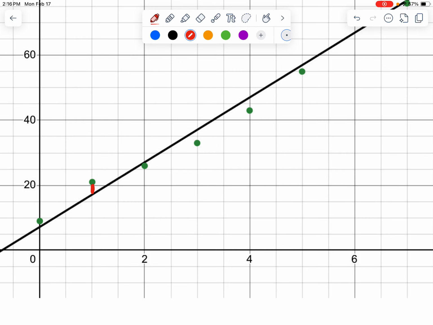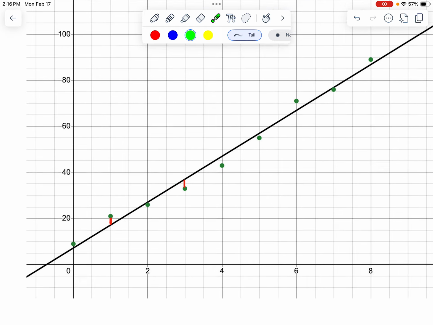And that difference is what we call a residual. So each of these points is going to have a residual value. How far away is it from the line of best fit? If it's above the line, it's going to have a positive residual, like this one down here. If it's below, it's going to have a negative residual value.